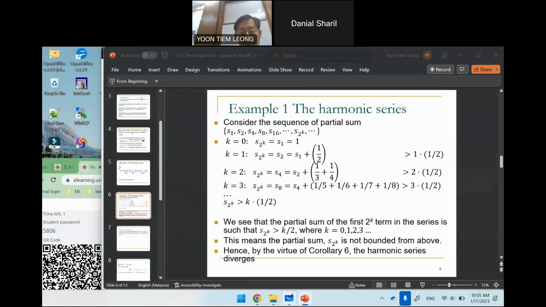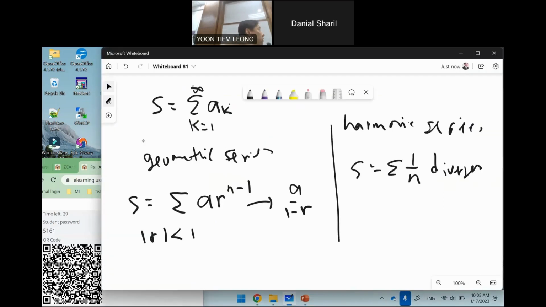What we are going to discuss next, for the rest of today's lecture and probably tomorrow's, is to answer a very simple question: I give you a series and you tell me whether the series converges or not. We are going to learn probably 5 different types of tools that will allow us to answer whether a given series is convergent or not.